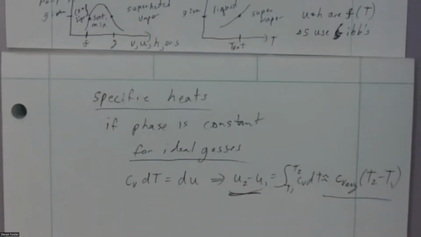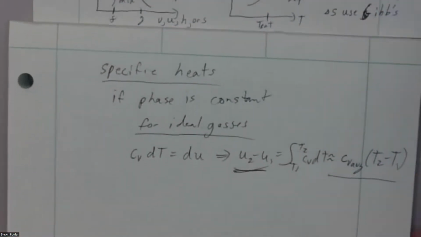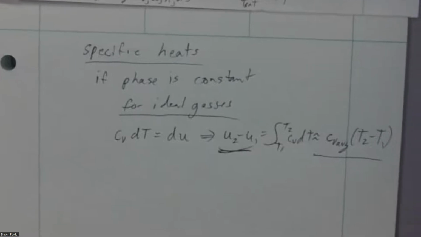Again, C sub V represents a change in internal energy on a differential scale. If we integrate that, that's fine if I can assume that C sub V is reasonably constant, and that's normally a fair assumption over a small enough temperature range.